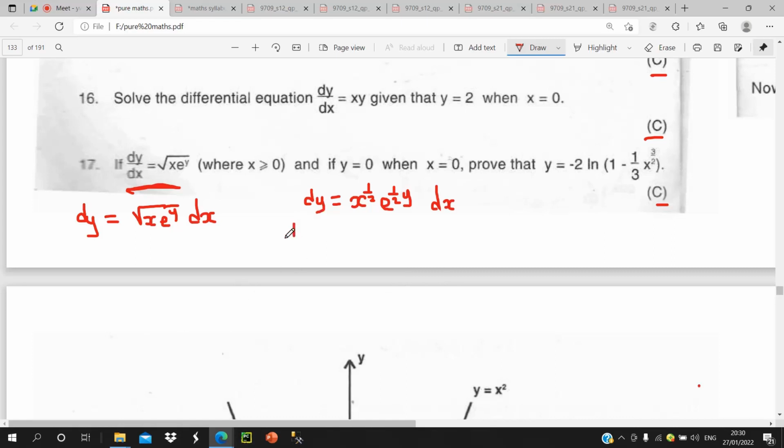Then after that, divide by e to the power of half y. Yes, 1 divided by e to the power of half y dy is equal to x to the power of half dx.